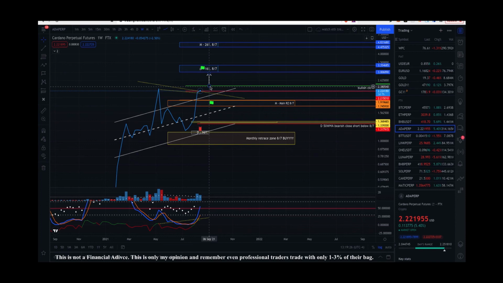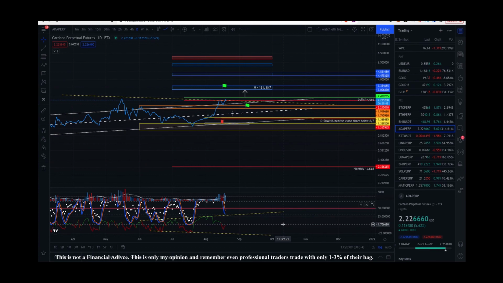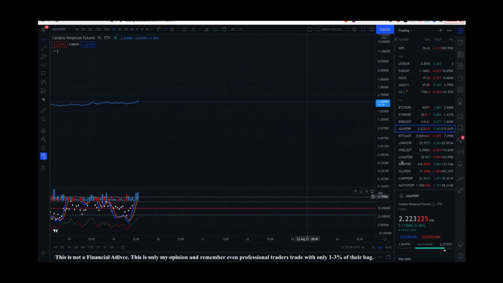On the daily time frame, let me clean up the chart a little bit. All right, so there's a bullish divergence on the daily time frame over here. We're getting a good amount of buy volume, a very strong buying volume happening as of right now.